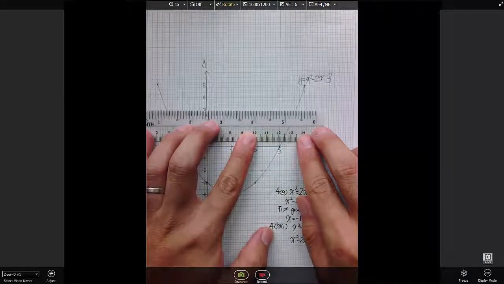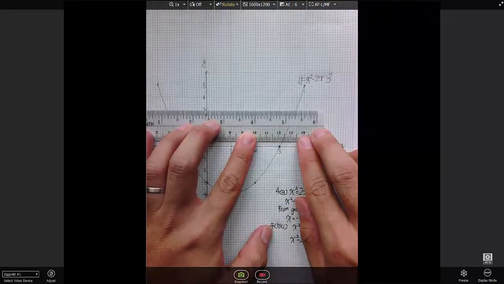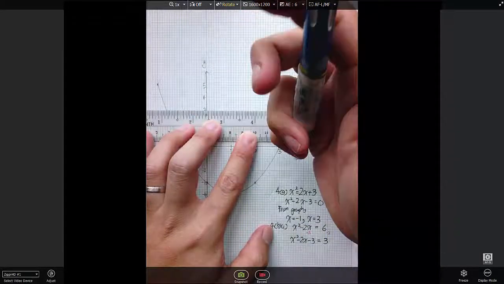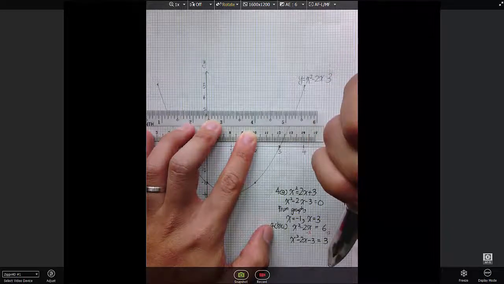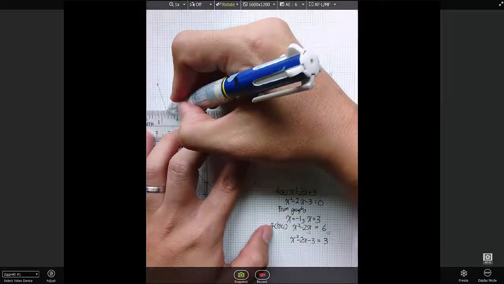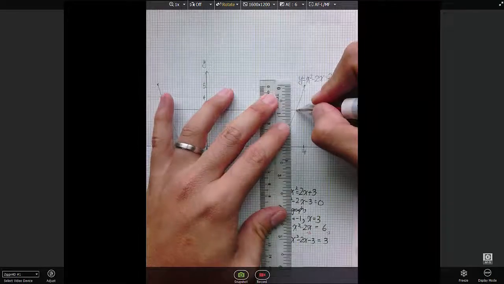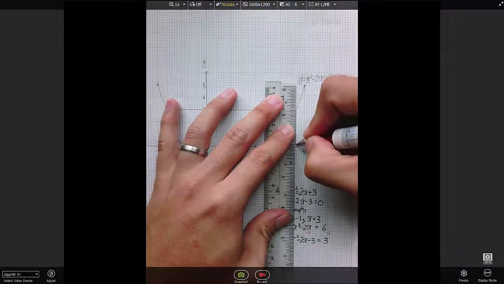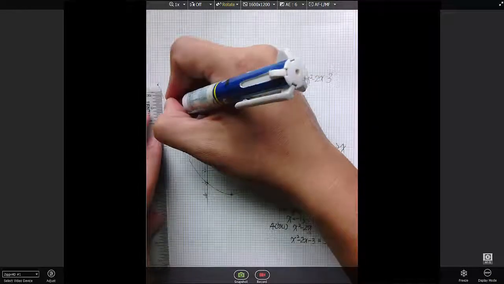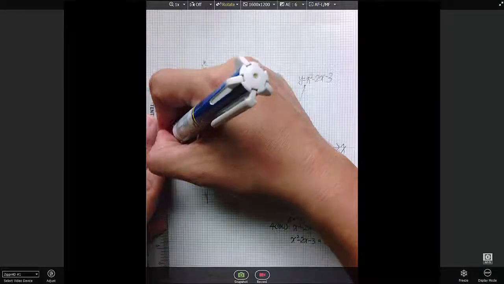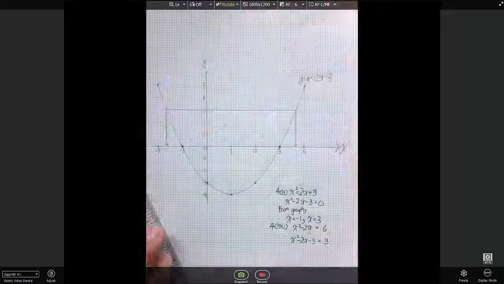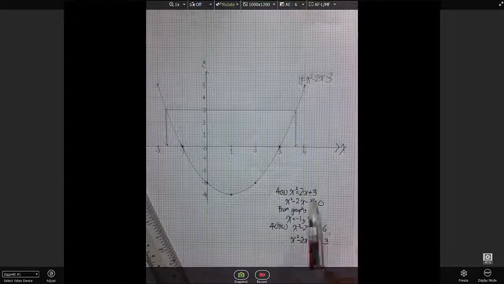I just draw a line across with pencil. Then I read downwards here, and I read downwards here, like this. You're expected to read accurate to half a square.